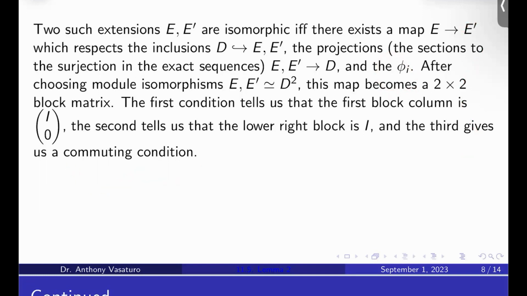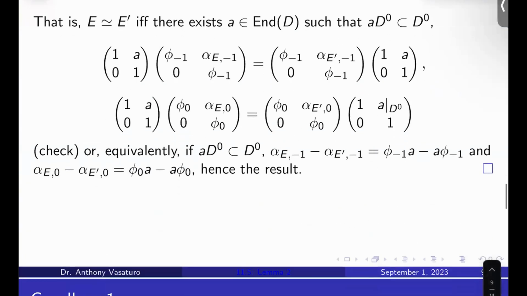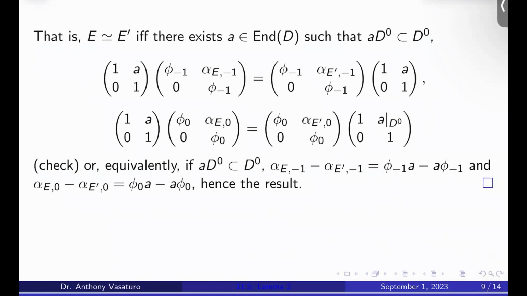Now I'm going to be a little more explicit about this commuting condition. If you write all this out in terms of matrices, what it says is the following. E is isomorphic to E prime if and only if there exists an endomorphism of D called A, such that A D0 is in D0. We knew that was coming.